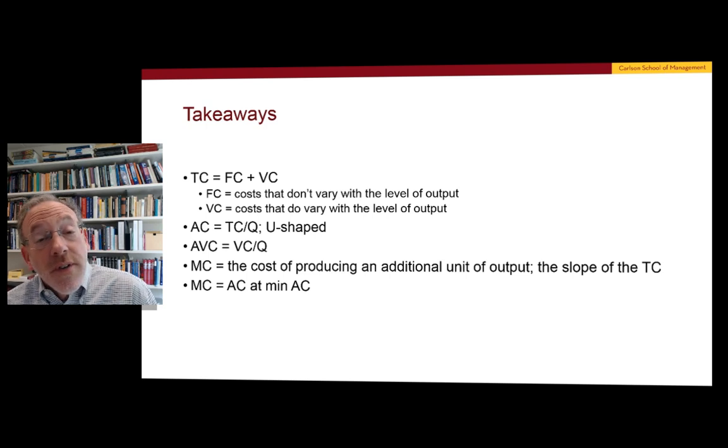We learned that average variable costs are variable costs divided by the quantity of output, and for us it'll be a straight line. Marginal cost is the cost of producing an additional unit of output. It's also the slope of the total cost curve. And finally, we saw that marginal cost equals average cost at the minimum of average cost. This stuff's going to be really useful for us as we go on and analyze all kinds of interesting problems.